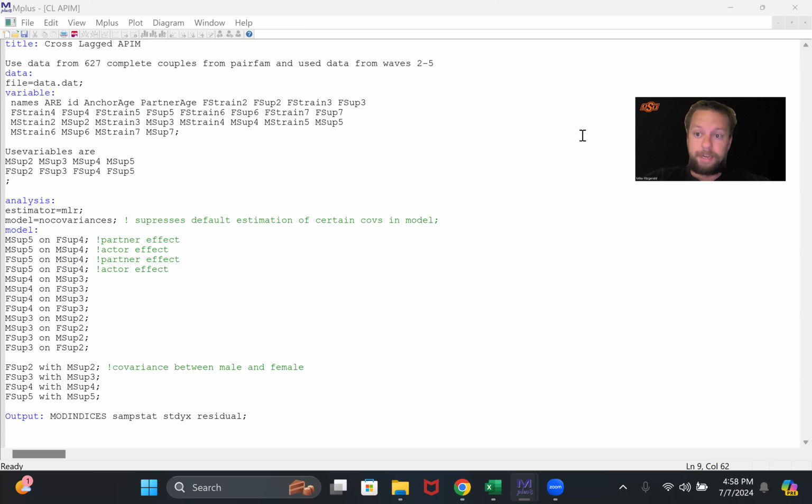And then we have some significant actor effects, but we find that the actor effects are much stronger than the partner effects. Well, in Granger causality, if we have 6 waves, 6 repeated measures, and between wave 1 and 2, 2 and 3, 3 and 4, 4 and 5, 5 and 6, all of those are stronger, then we are beginning to establish that those effects are consistently stronger compared to partner effects. The partner effects still might be significant, but it's really going to be that within-person process, right?